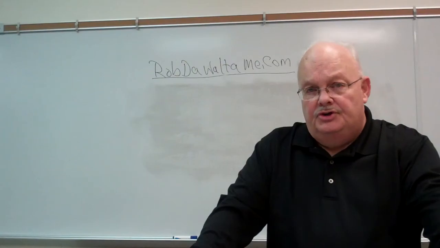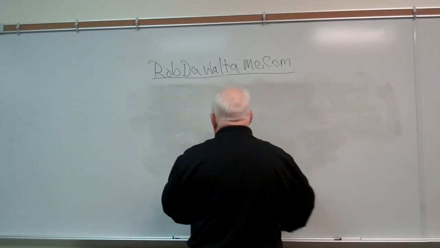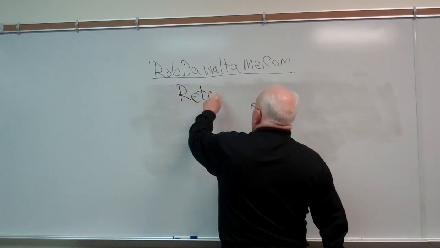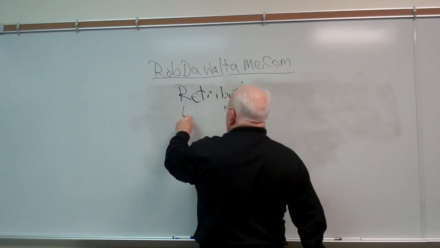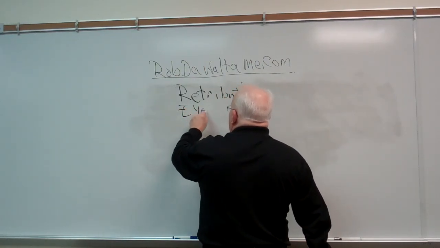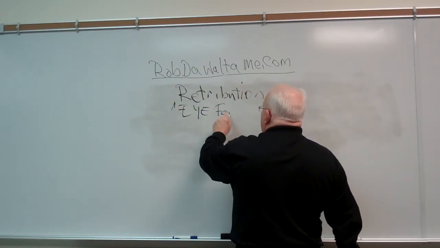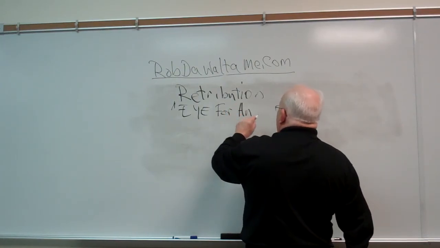Well, retribution is another theory, and that is the get even theory. Retribution is what we often call eye for an eye. And there's a great quote in my PowerPoint that I want to refer you to, by Gandhi.